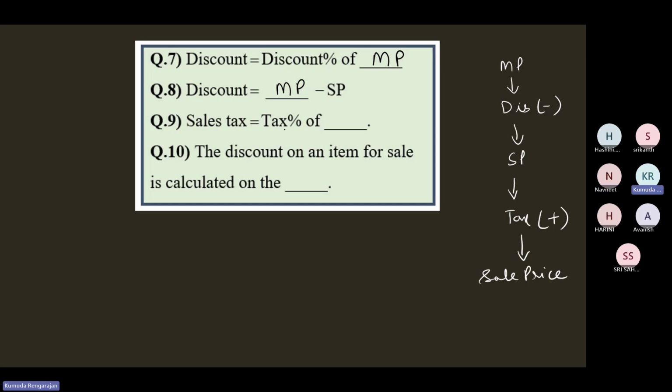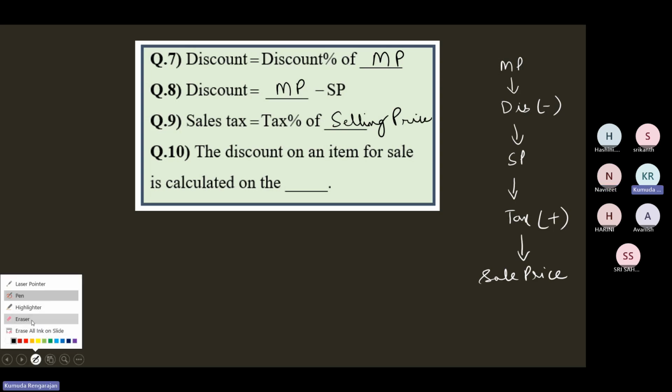So sales tax is that tax percentage of the selling price. You write selling price fully. If you write SP, then your teacher may take it as sale price. So right here also, please write mark price fully. MP has no other meaning in mathematics, so MP is mark price. No issues there, but you still write mark price.